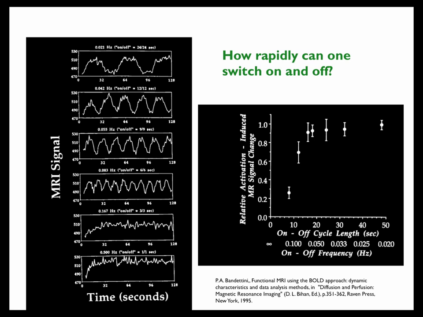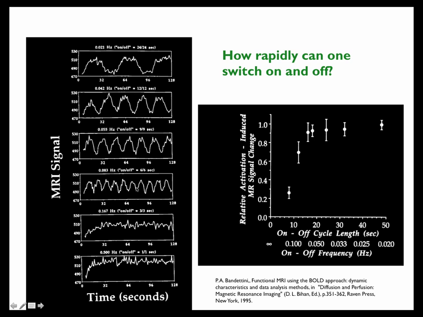Another way of thinking of temporal resolution is how fast you can turn the brain on and off and still see a signal. This was an old experiment where we went from 24 seconds on and 24 seconds off down to 1 second on and 1 second off. You can see two things happen. One, the amplitude starts to quickly drop off at about a 6 second on, 6 second off paradigm.